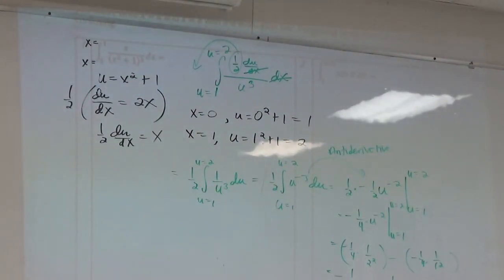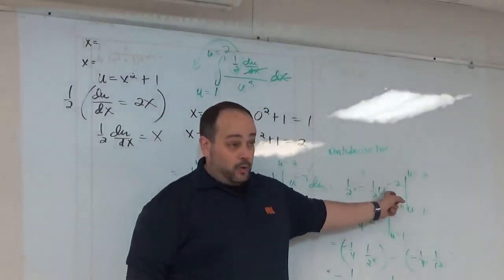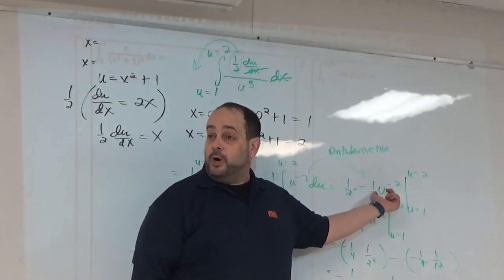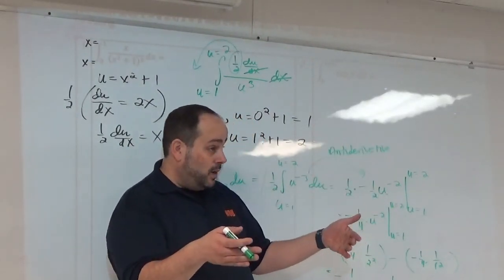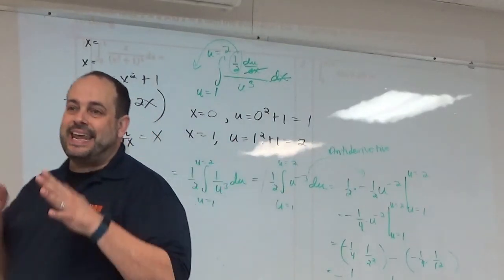Because there's something that we normally do that we didn't do here. Marilyn, what's your question? You did rewrite it as x squared plus 1. Right, normally after you find the antiderivative, you'd put in u and say u is x squared plus 1. But that's because that's when we're at our stopping point for an indefinite integral.